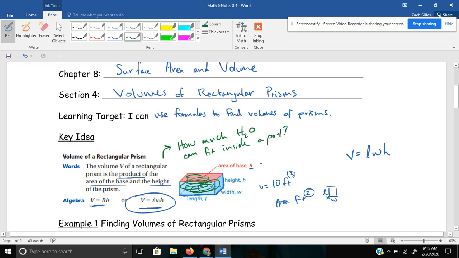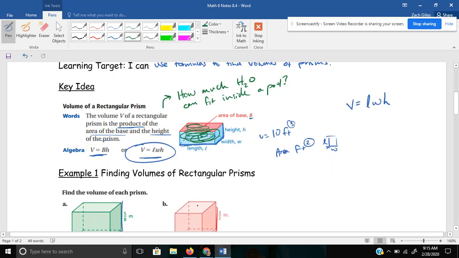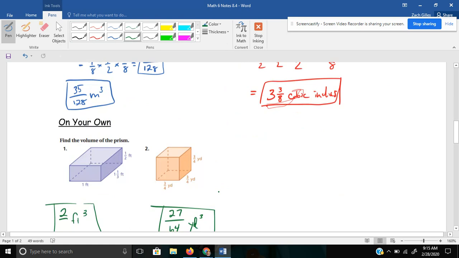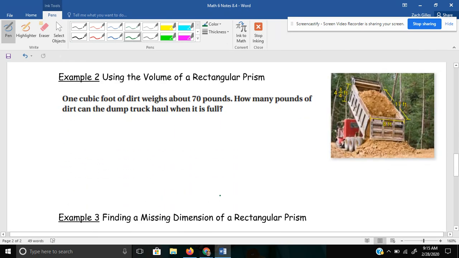That's what I think about when I think of volume. Or if you want to think about your water bottle, how much water can fit in there. That's what we're talking about.